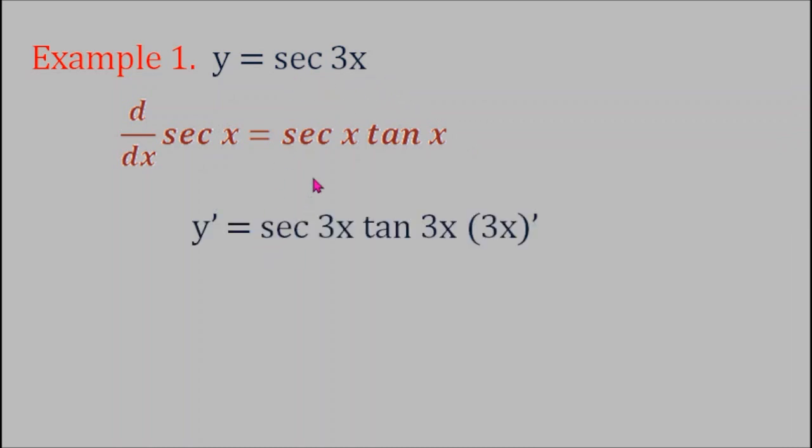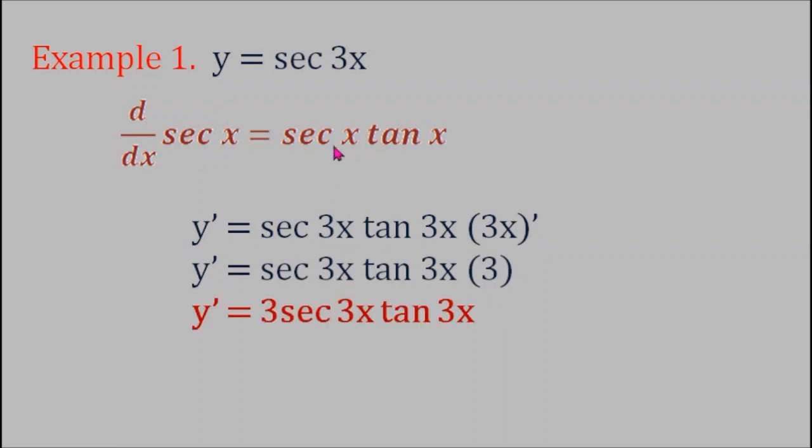So the derivative of secant 3x is secant 3x times tangent 3x. And by chain rule, we are going to find the derivative of 3x. And the derivative of 3x is 3. So therefore, the derivative of y equals secant 3x is 3 secant 3x times tangent 3x.